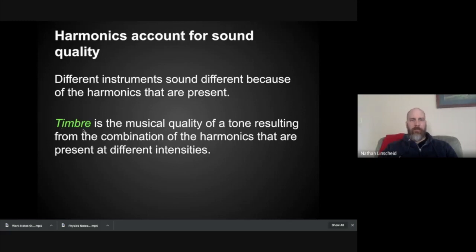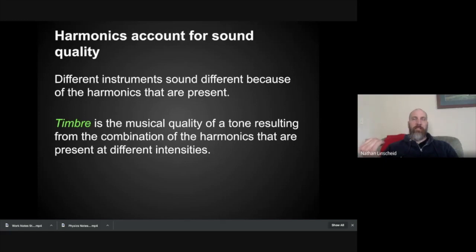I know it's spelled timbre, but you say it timbre. And it's the musical quality of a tone resulting from the combination of the harmonics that are present at different intensities. Like I said, a human being can sing the note C, and you can have a trumpet play that note, and you can have a violin play that note.